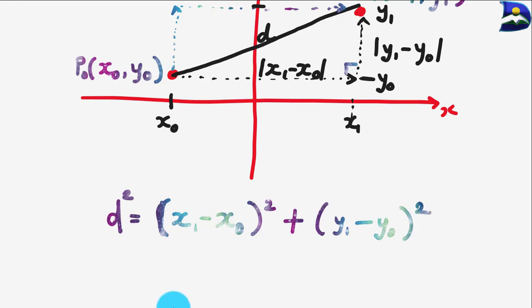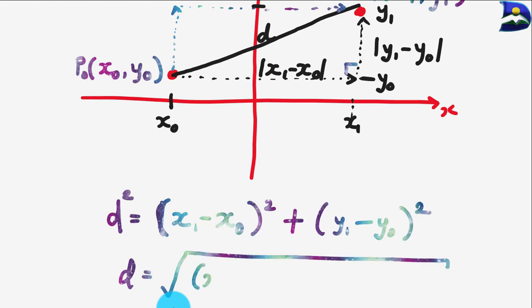And this will lead us to our final step, where you take the square root of both sides. We have d equal to the square root of (x1 minus x naught) squared plus (y1 minus y naught) squared.